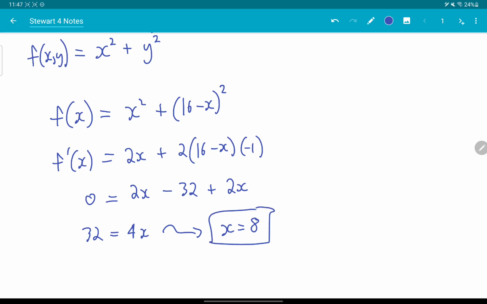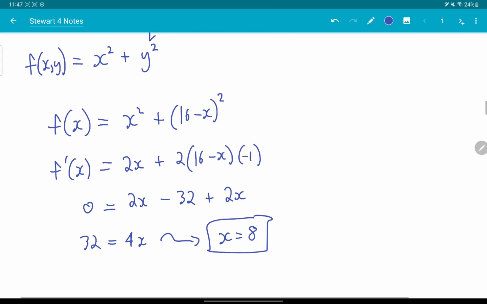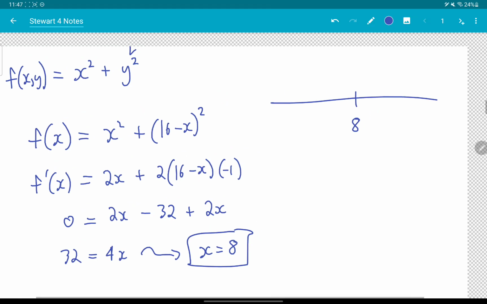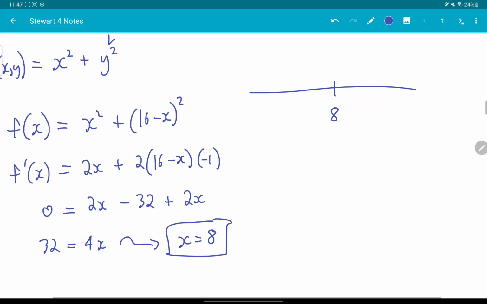So I have an x value. I have a critical number. Is that corresponding to a max or a min? Well, I have to check. So I take 8, put it on a number line. Let's say f prime here. And let's think about f prime of x, which is right here.